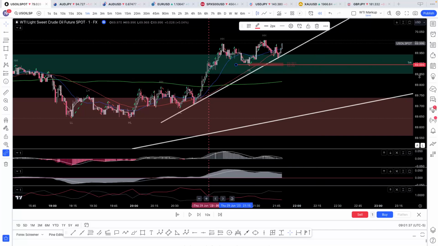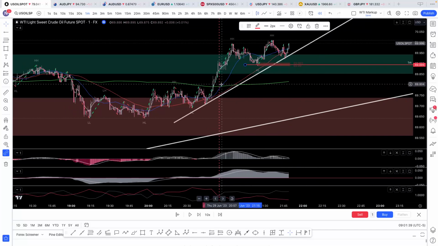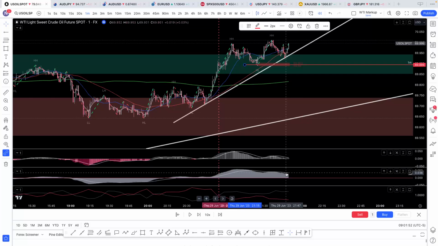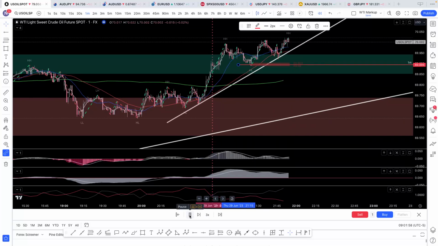Another thing too, price being above my moving averages, price being above this moving average of my 5-minute time frame. However, I'm not going to make a move until this signal line is within the area. So I'm going to hit the play button until my rules are somewhat met.